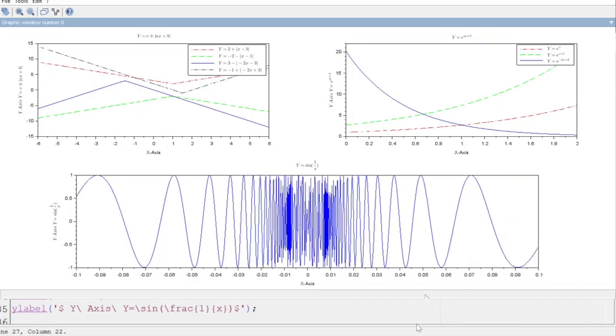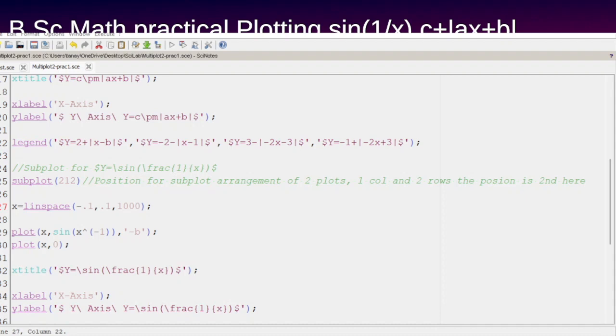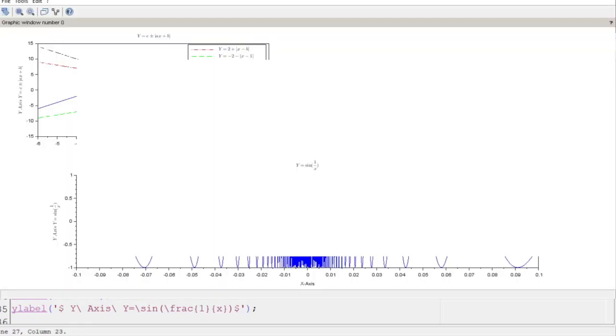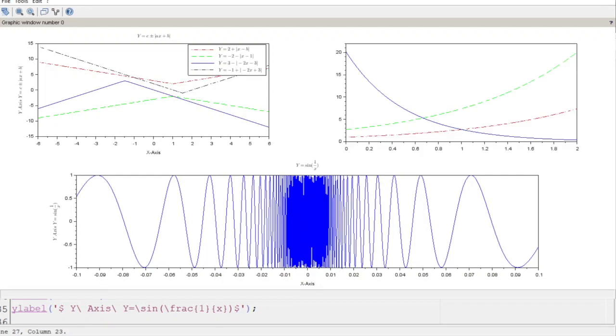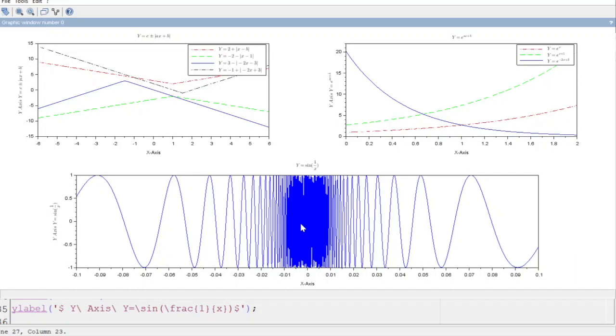If I increase the numbers more, say I give another 0, so many points, immediately you can see the lines become very congested, and this is clearly not showing the nature of the graph.